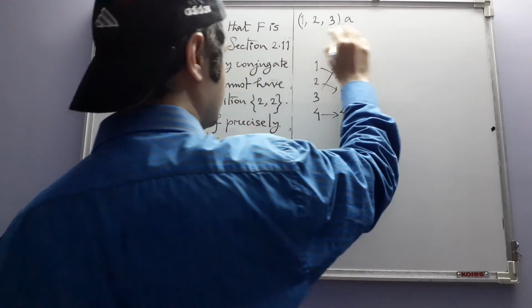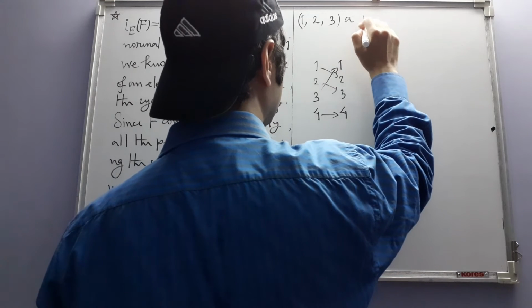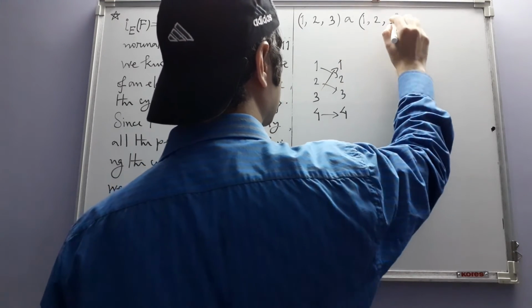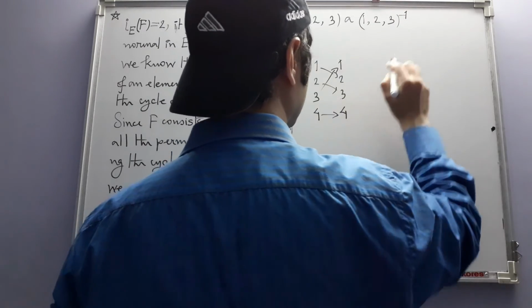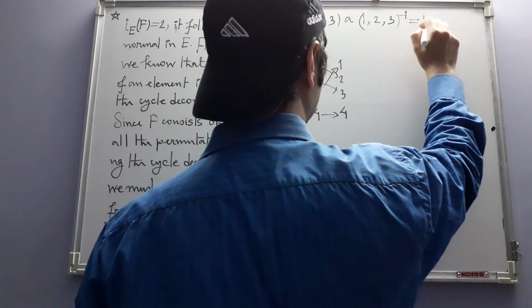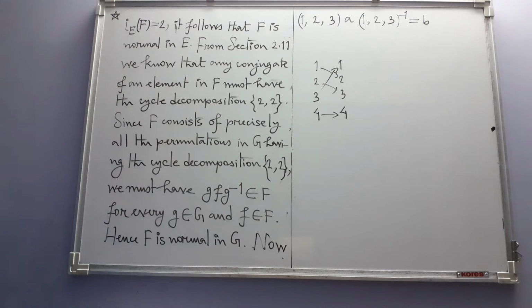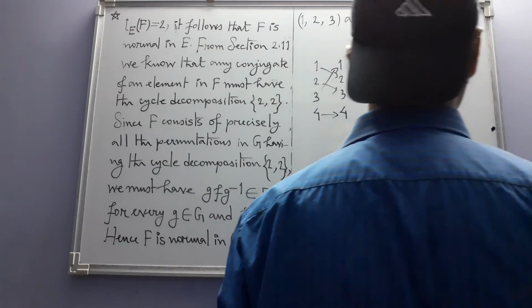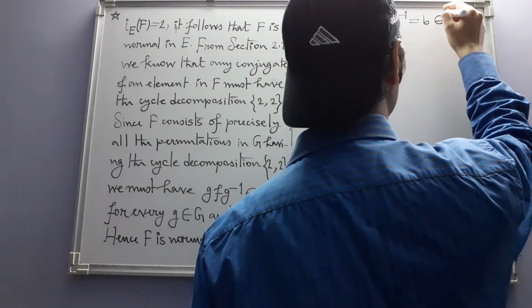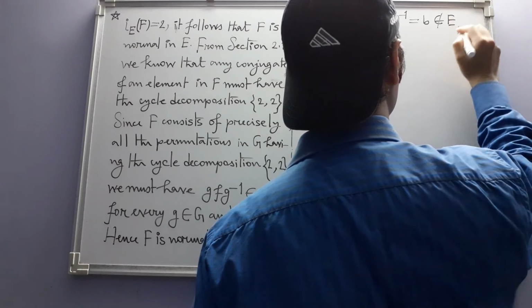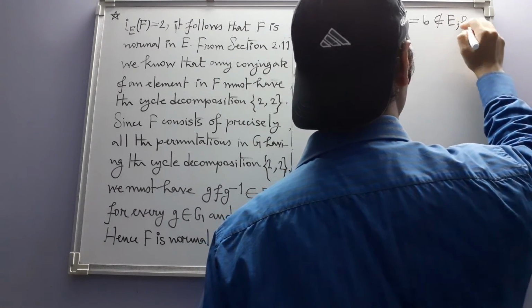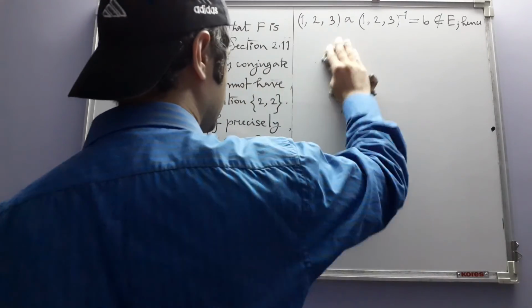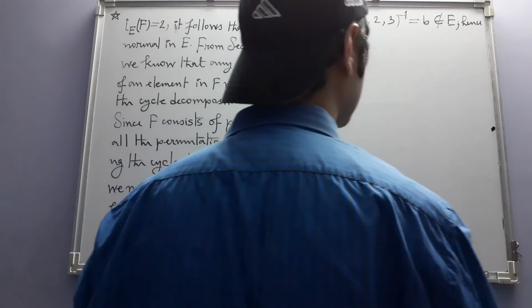If you take the product of this with A and then its inverse, then this becomes equal to B, and B clearly does not belong to E. Hence, E is not normal in G.